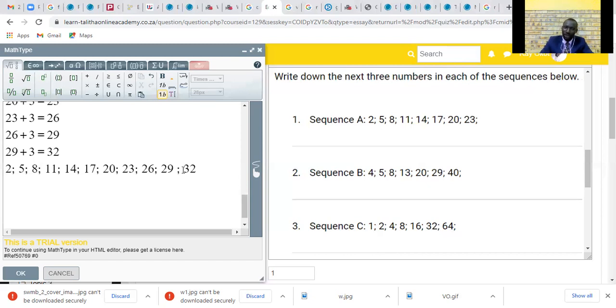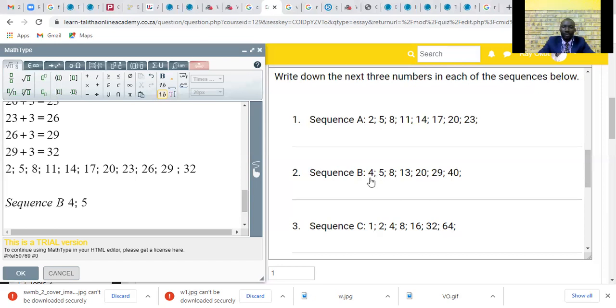Now, the next question, which is question 2, is called sequence B. Now, we want to see what comes out of sequence B. So how do we get there? Well, notice that sequence B starts with 4. Then later, there is what? 5.